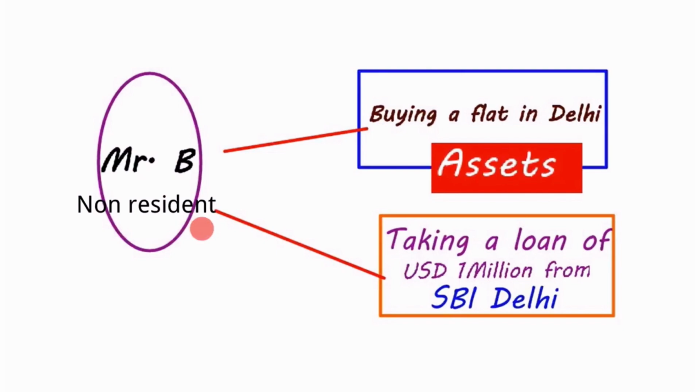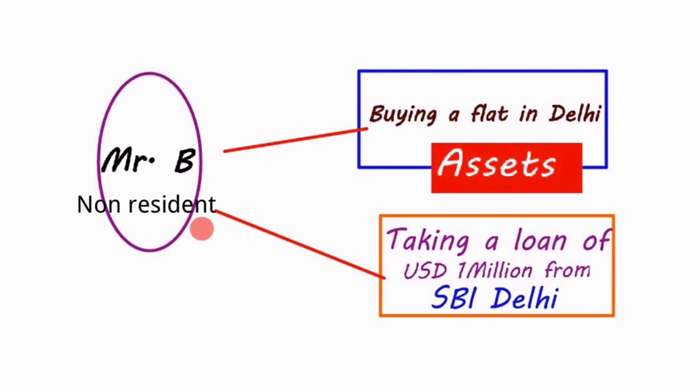So where is the asset lying? Within India. Or let's say a person living in Japan is taking a $1 billion loan from SBI Bank in India. Either way, whether he's purchasing an asset or taking a loan from an Indian bank, this will result in the alteration of assets and liabilities of Mr. B. Is that clear?